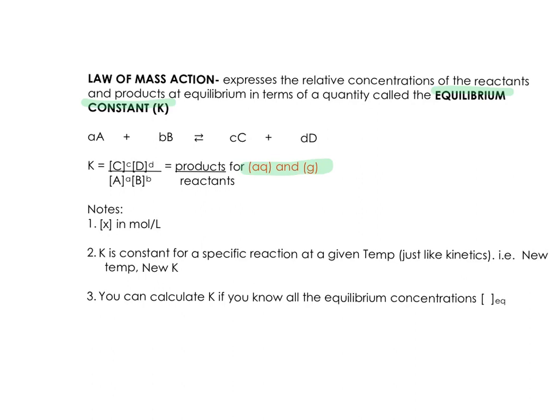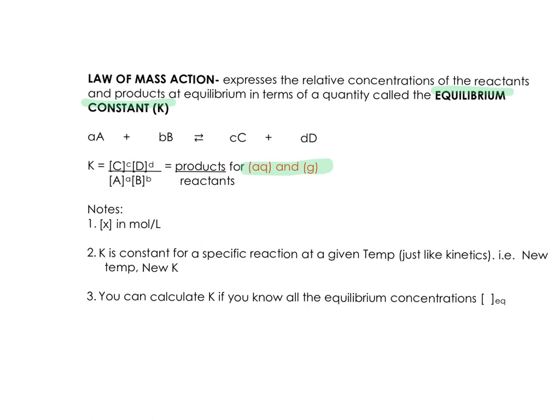So, notes, important things. The square brackets with the letters inside mean concentration, and it's moles per liter. K is constant for a specific reaction at a given temperature, just like kinetics. So if you change the temperature, you've got a new K for the same reaction.